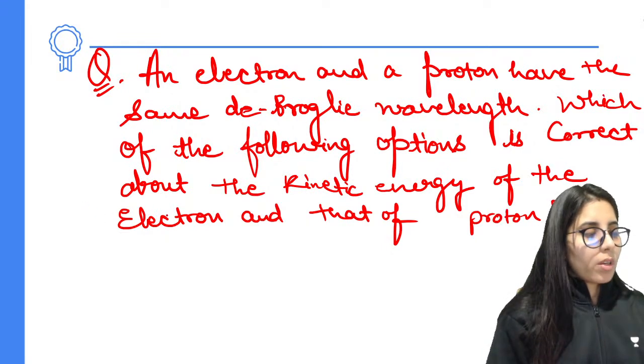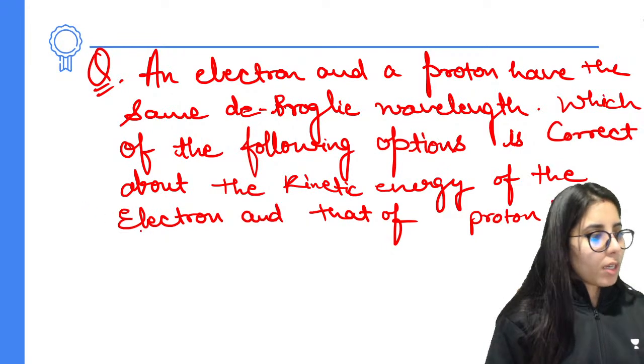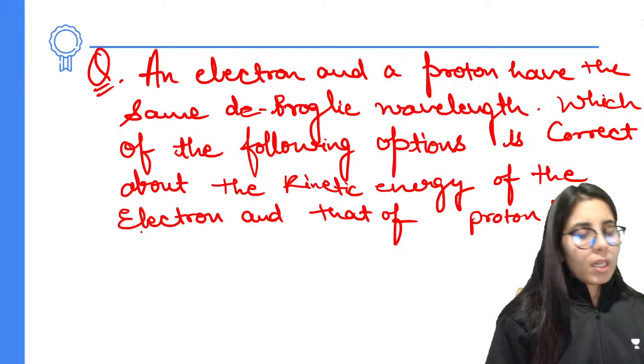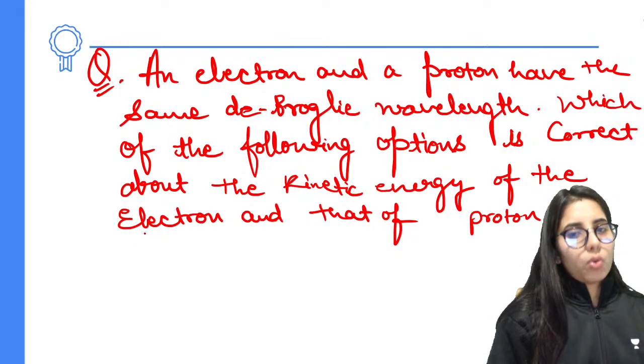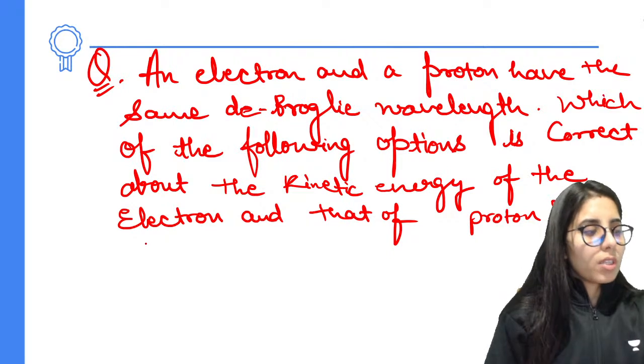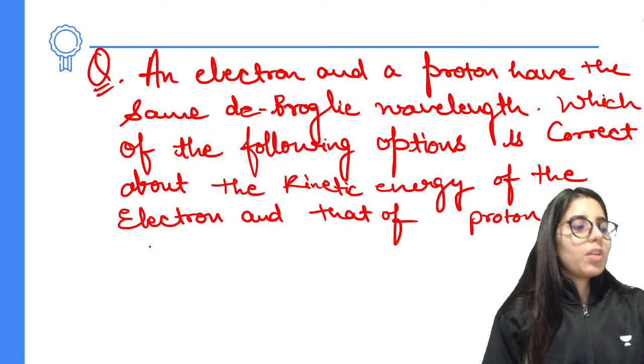Now next, they have given us the relation between the electron's energy and the proton's energy in the options, like electron's energy is greater than the proton's energy, less than the proton's energy, equal to the proton's energy, or cannot be determined. Okay, this is what we are going to have.